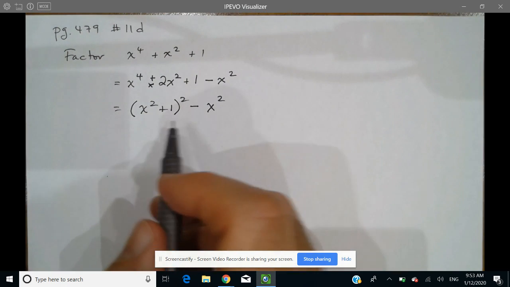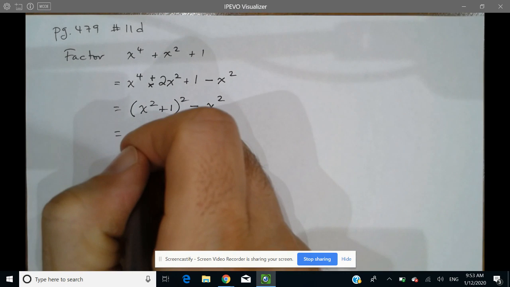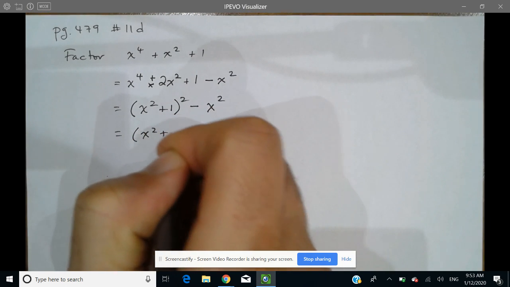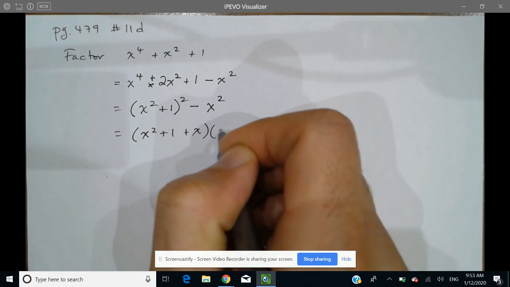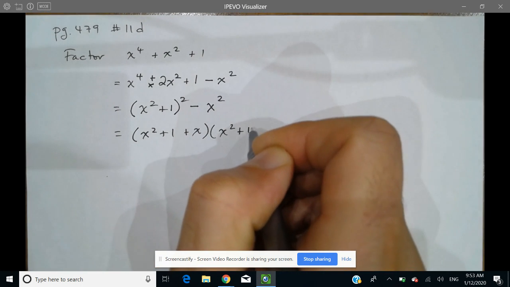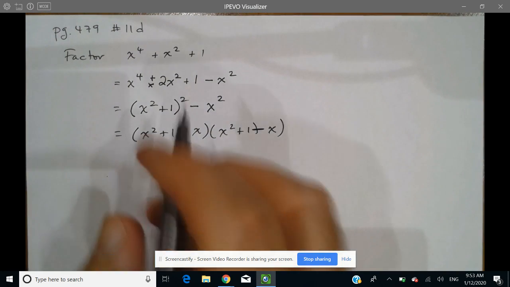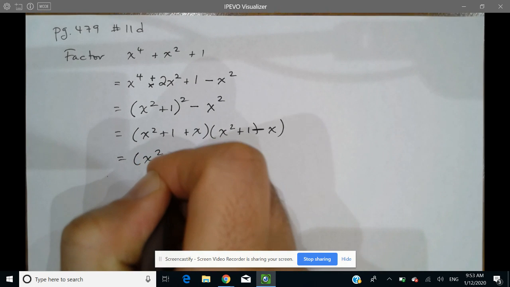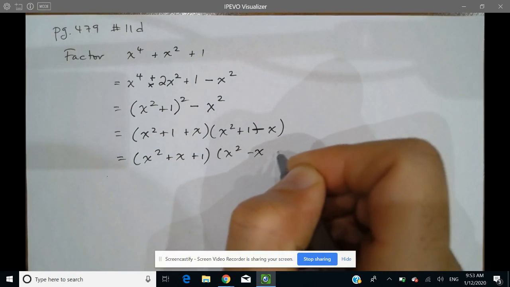And lo and behold, we end up with a difference of squares, which I can now factor very easily. It's the first term plus x times the first term minus x. And there we go. There's our factorization: x squared plus x plus 1 times x squared minus x plus 1.